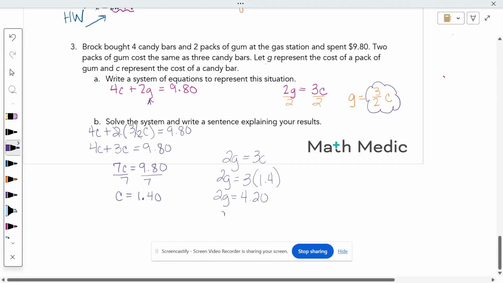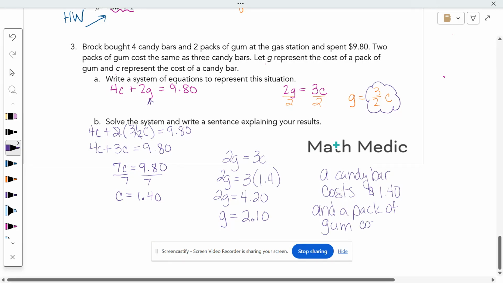Divide both sides by 2, which means the cost for a pack of gum is $2.10. So a candy bar costs $1.40, and a pack of gum costs $2.10. Number 2 is yours.